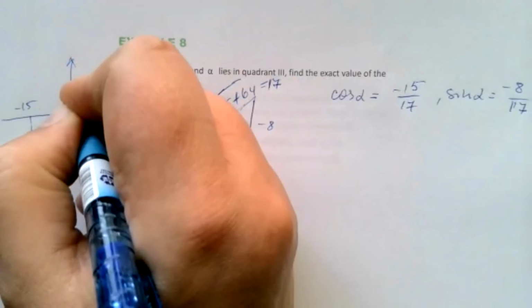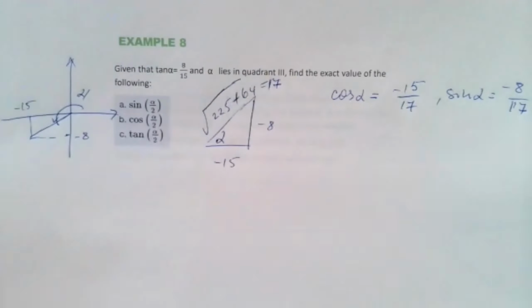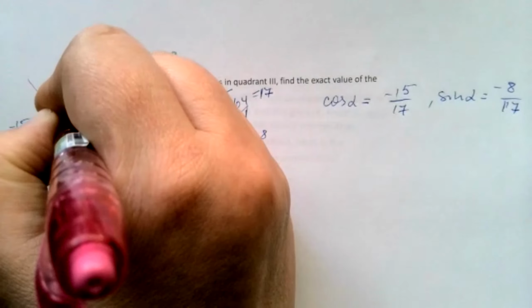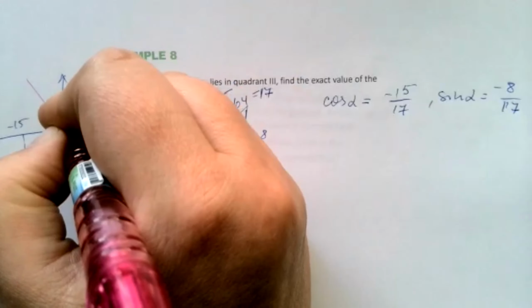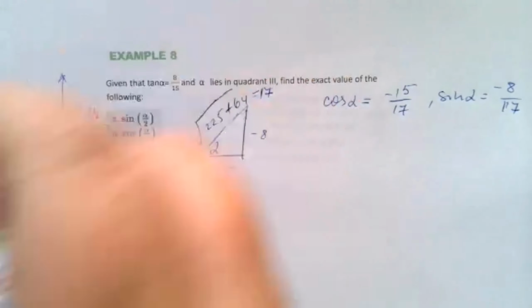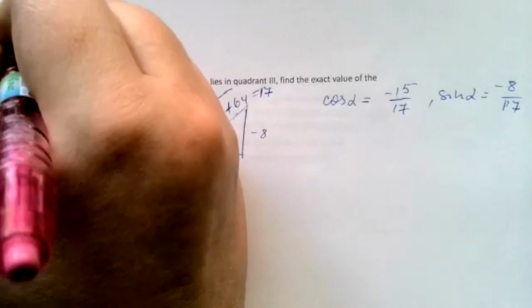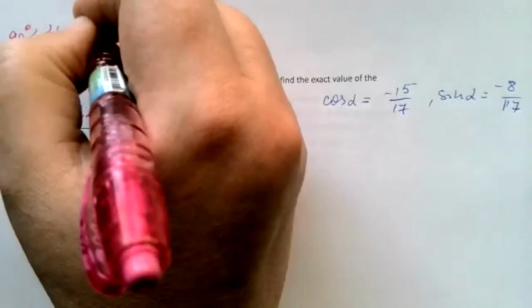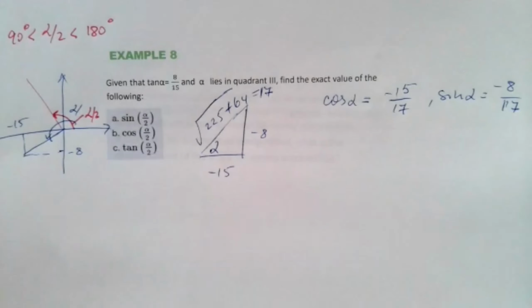Now, where would alpha over 2 be? Alpha over 2 is half of alpha, so it's going to be a little bit over the first quadrant. So it's going to be in quadrant 2, between 90 and 180 degrees.